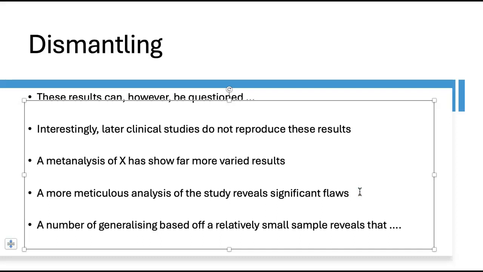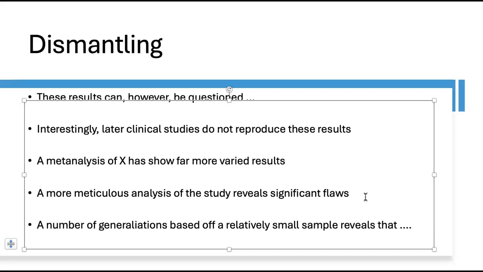Was there bias from the research? Did the money come from an oil company? Did the person who conducted the study not actually have many qualifications? Was the sample size too small, etc., etc.? And finally, a number of generalizations based off a relatively small sample reveals that, again, generalizations is good, because what you're showing is they've conducted a study, they've looked at 3 people, and they've come out with trends for countries.